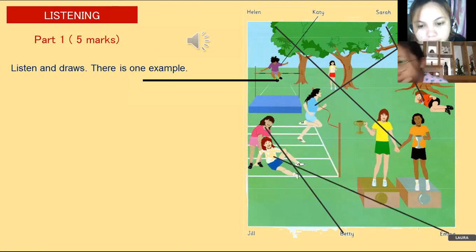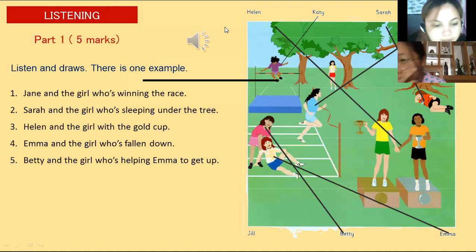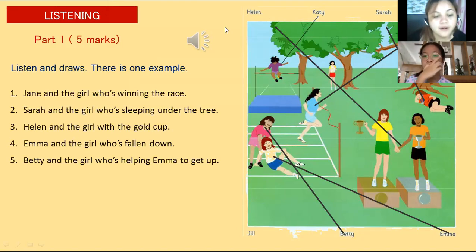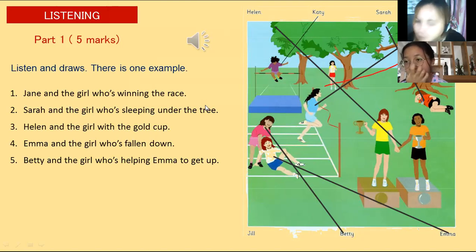Okay, that's it. Okay, now let's see if you got everything correct. All right, so number 1, Jane and the girl who is winning the race. Okay, very good. Number 2, Sarah and the girl who's sleeping under the tree. Okay, number 3, Helen and the girl with the gold cup.